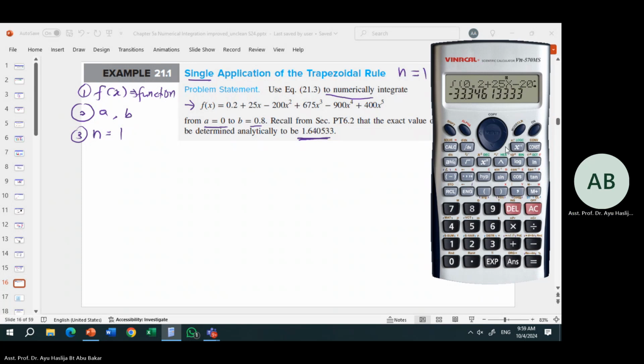I still don't get it. Let me try again. Never mind. Let's try again. Any of you get it? Okay, let's use brackets instead.